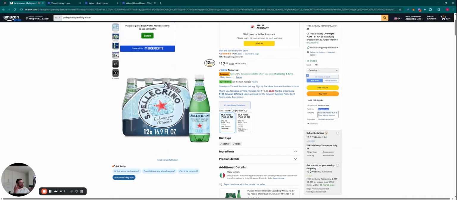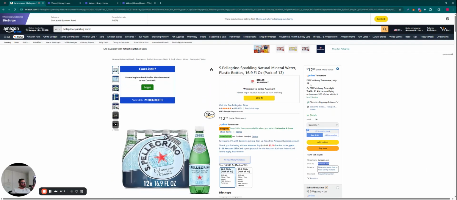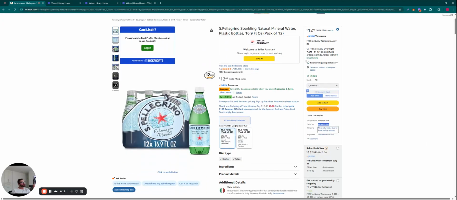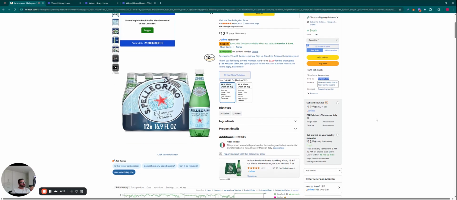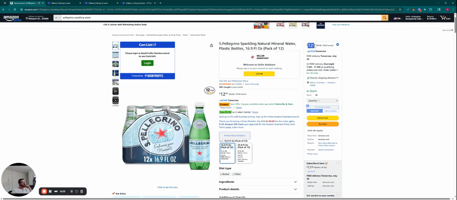So the whole point of me explaining this is that sometimes the buy box is shared in between other sellers, okay? And so the buy box price is going to be what you sell that item at. And so whoever is in this little area right here, when somebody hits add to cart, that person is going to get the sale.